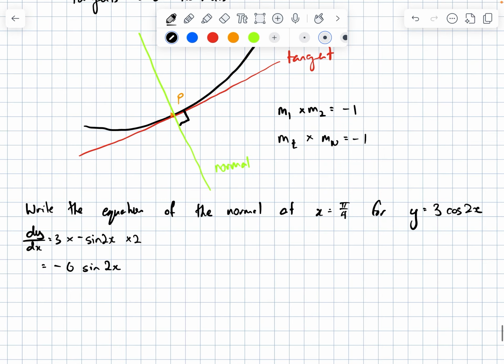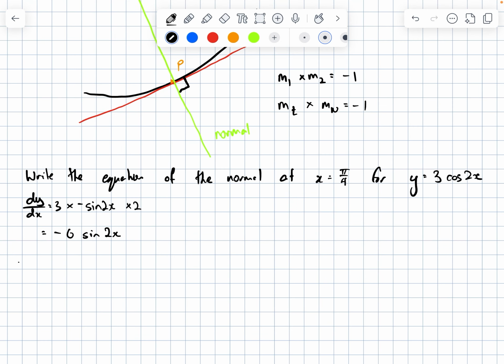Now we want to calculate what the gradient of the tangent would be at pi over 4. So when x equals pi over 4, the gradient of the tangent will be -6 sine 2 times pi over 4. That is equal to -6.